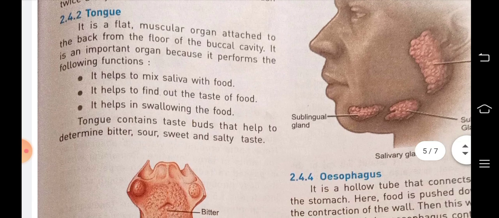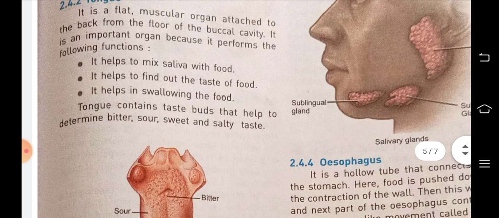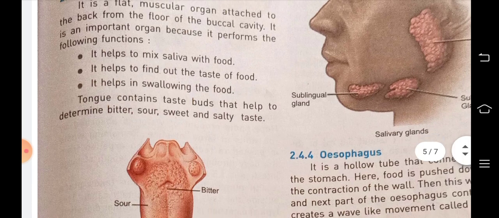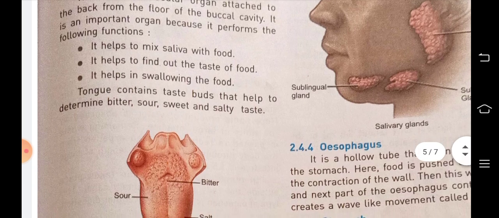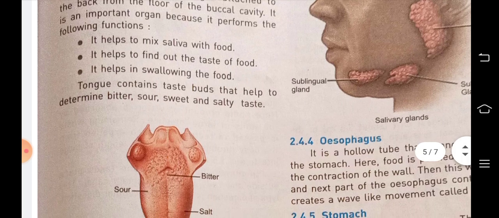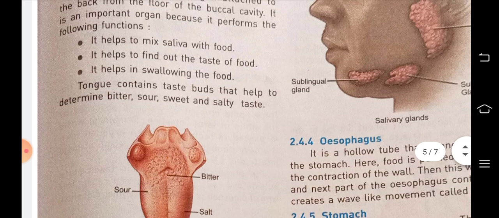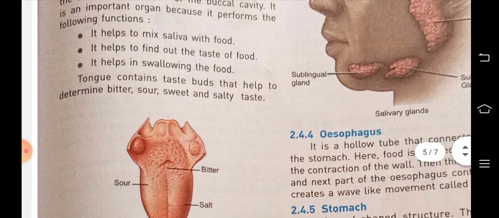First, helps to mix saliva with food, because in the mouth there are salivary glands which secrete the juice known as saliva. This tongue helps to mix this saliva with food. It helps to find out the taste of food. Different tastes can be detected by the tongue and it helps in swallowing the food.